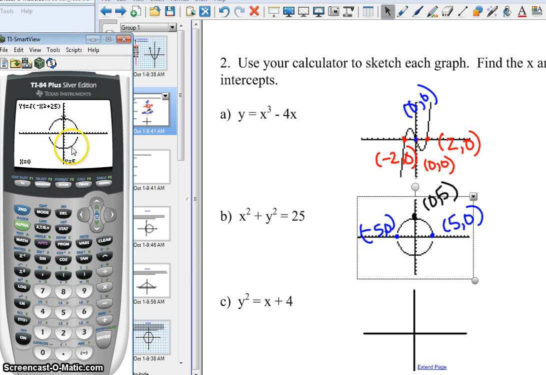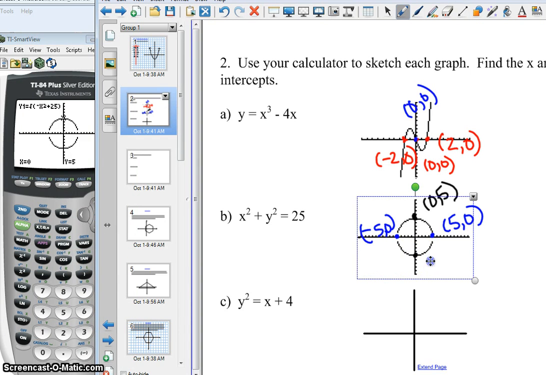And then if we find the other one, we need to switch to the other curve, and I did that by pressing the down arrow. Second calc value, x equals 0. And, oh, it went up to the top again. Well, again, that's going to have to be a negative 5 because it's a circle. So this is going to be 0, negative 5.